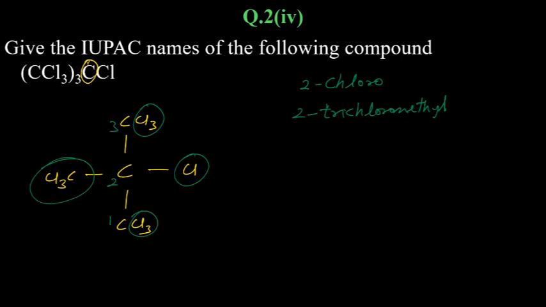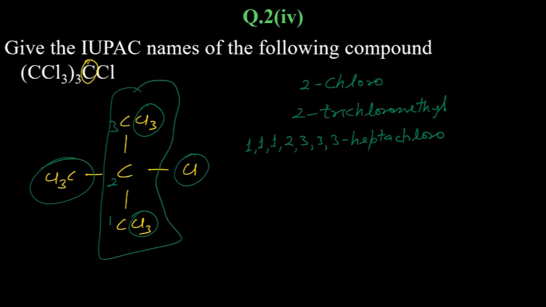So on the first carbon you have 3 chlorines, so you will write 1, 1, 1. Then on the second carbon, 1 chlorine, 2. Then 3, 3, 3. These many, 7 chlorines you have. Then you will write heptachloro because these are 7. And then how many carbons in the main chain? 3. It is propane.